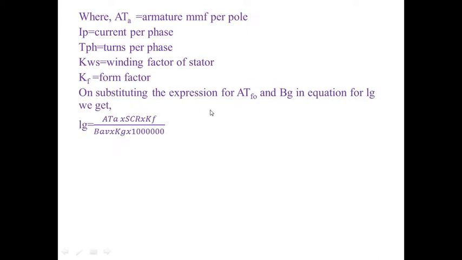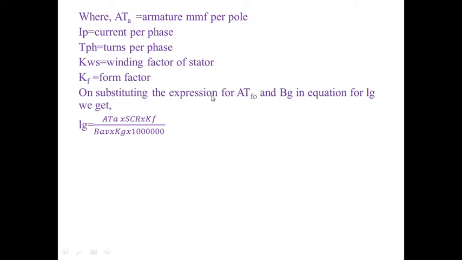On substituting the expressions for ATF naught and Bg in the equation for Lg, you will get Lg as ATA into SCR into Kf divided by BAV into kg into 10 to the power 6.